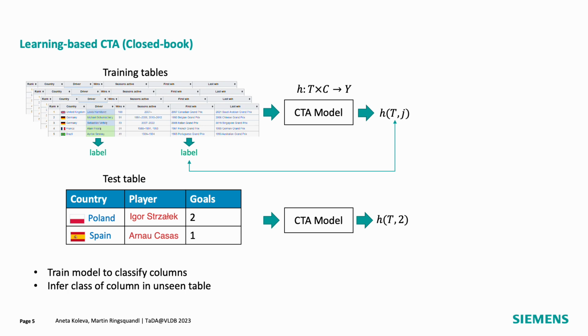Another approach for solving the CTA problem is under the closed book scenario, when there is no access to an available knowledge graph.